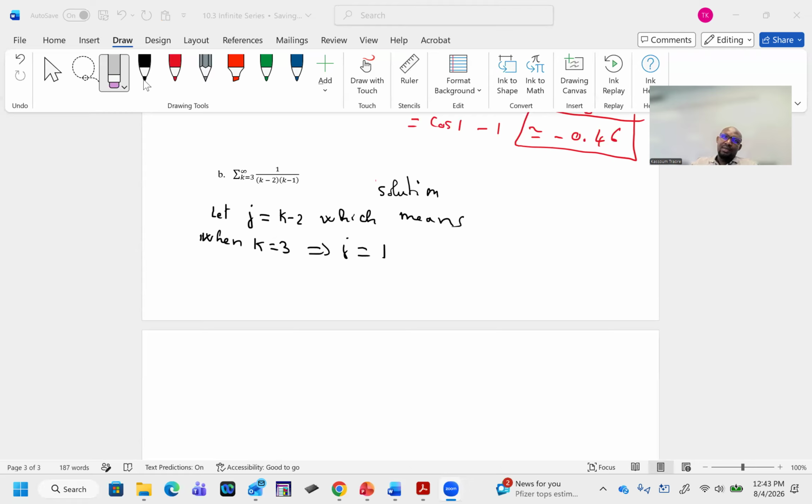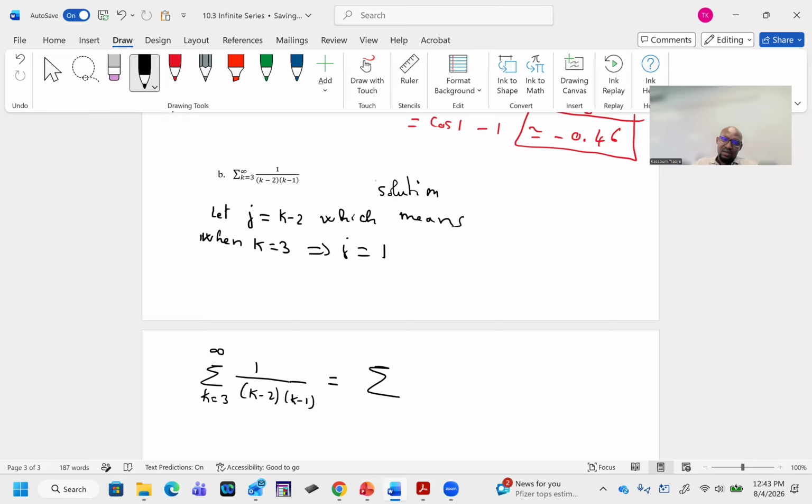So by doing this substitution, we can see now my sum, k from 3 to infinity, of 1 divided by k minus 2 times k minus 1 will be the same thing as the summation from g equals 1 to infinity.